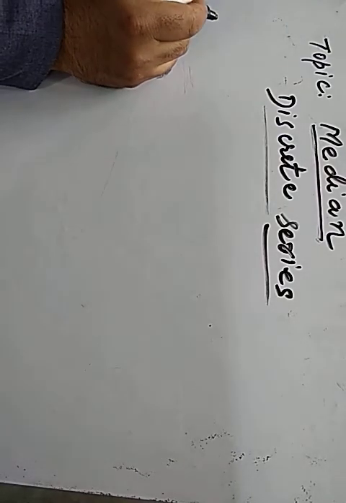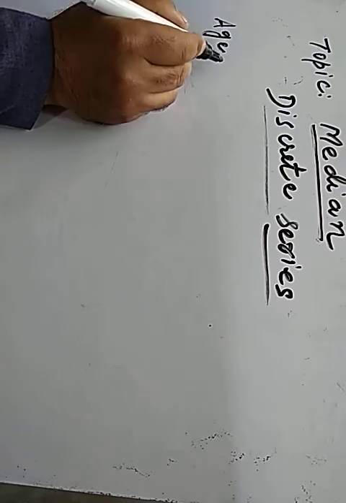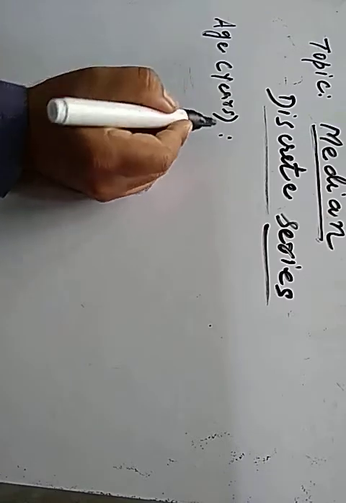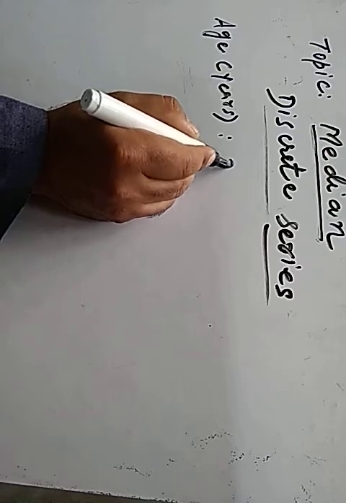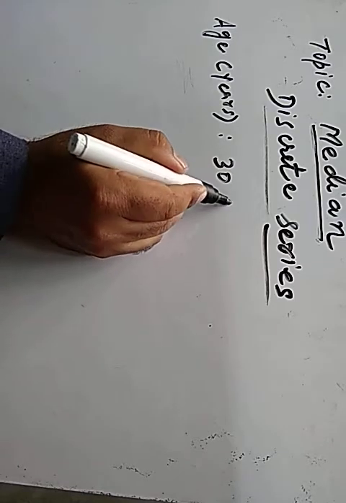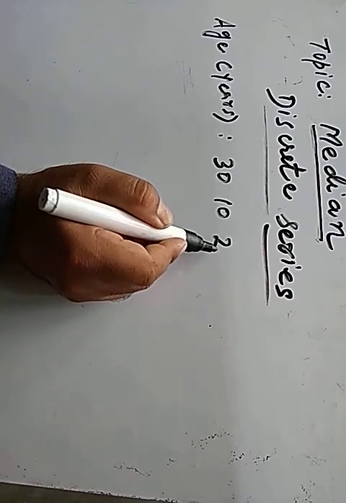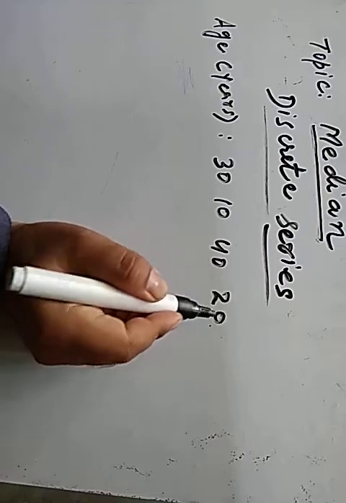Suppose the data available is age of persons, and the values are 30, 10, 40 and 20.